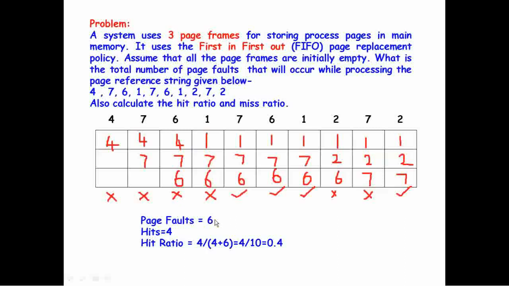This is equal to 4 divided by 4 plus 6 is 10, and finally when 4 is divided by 10 we get the value as 0.4. Next, miss ratio is equal to 1 minus hit ratio. Already we have found the value of hit ratio is 0.4. So when 0.4 is subtracted from 1, we get the value as 0.6. So these are all the values for hit ratio and miss ratio.